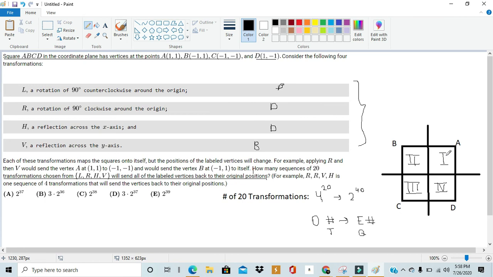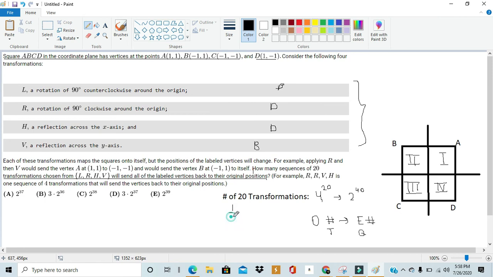So A itself will be in either quadrant 1 or 3. Now, if we want A to line up on A, it has to be in quadrant 1. So since after these 20 different transformations, A could be either 1 or 3, two different possibilities, but we only want one possibility out of it, A has a 1/2 chance of being in the right place.